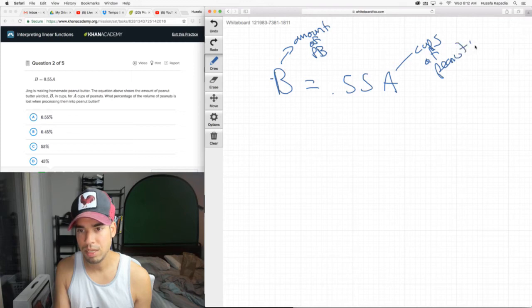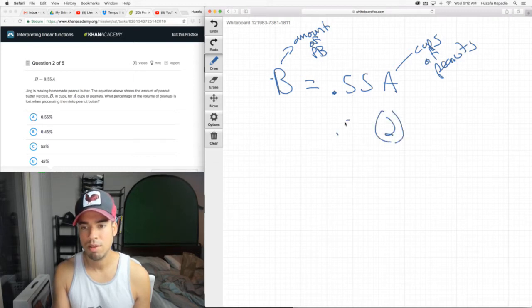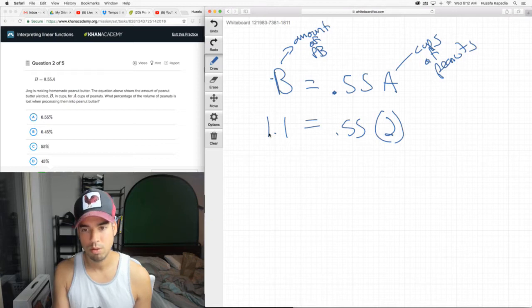Before we even read the answers, let's look at this problem a little. If we put in a certain number of cups of peanuts, let's say 2 cups, we're going to yield a smaller amount of peanut butter, because 2 times 0.55 equals 1.1. So for 2 cups, we get 1.1.